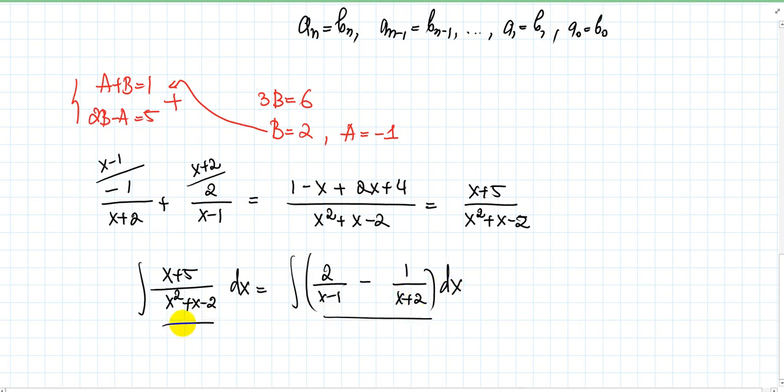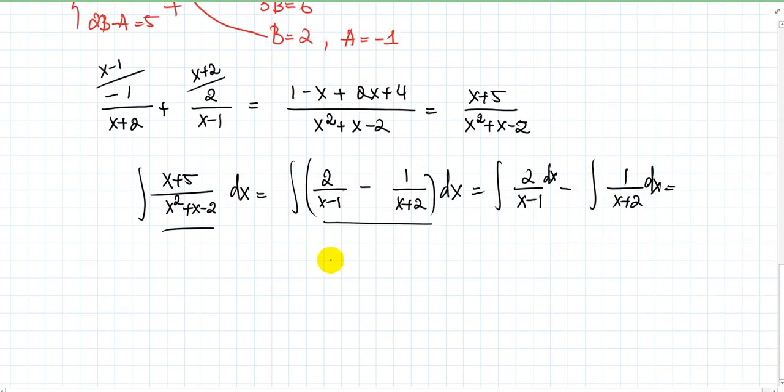So this will be the integration of 2 over x minus 1 minus 1 over x plus 2 dx, and we're going to have 2 multiplied by ln of x minus 1 minus ln of x plus 2 plus the constant. Okay? So this is the integration of this rational function.